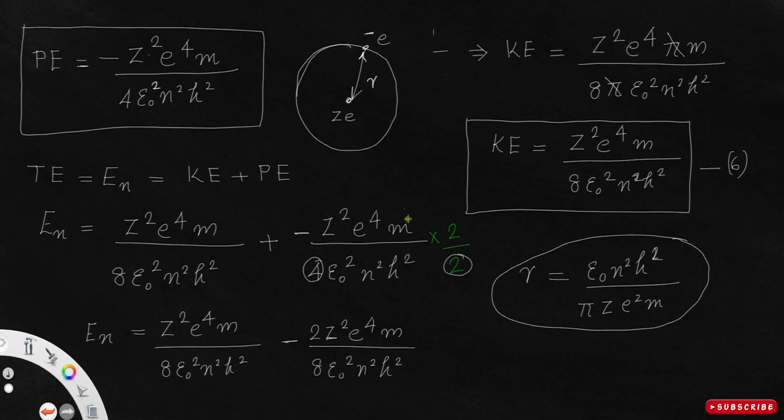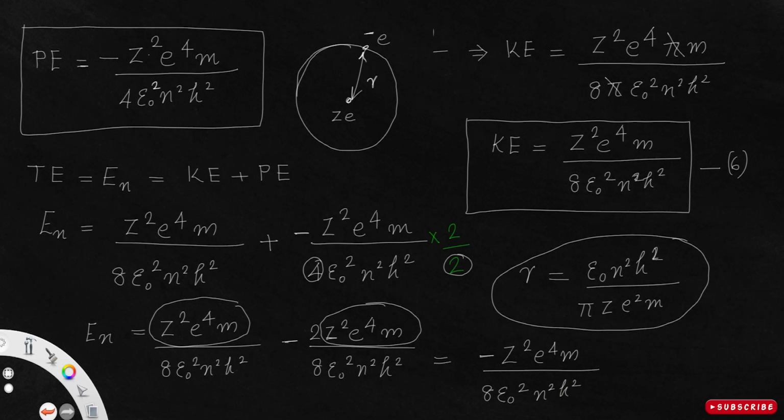This term remains the same; minus 2 plus 1 is minus 1. So minus Z square e raised to 4 m, because the denominator remains the same, 8 epsilon 0 square n square h square.